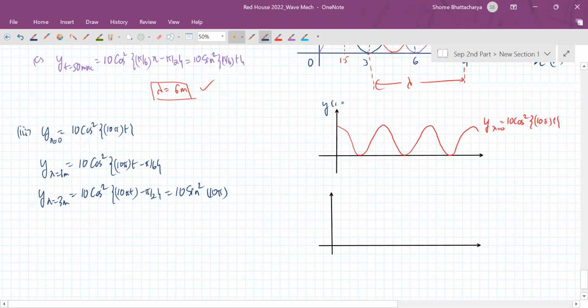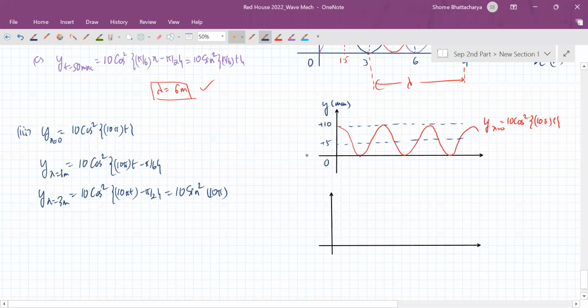So if our y is in millimeters, it varies between 10 and 0. So these are the extreme positions. The mean position is 5. Okay. And you can see that at this point, cos square is 0.